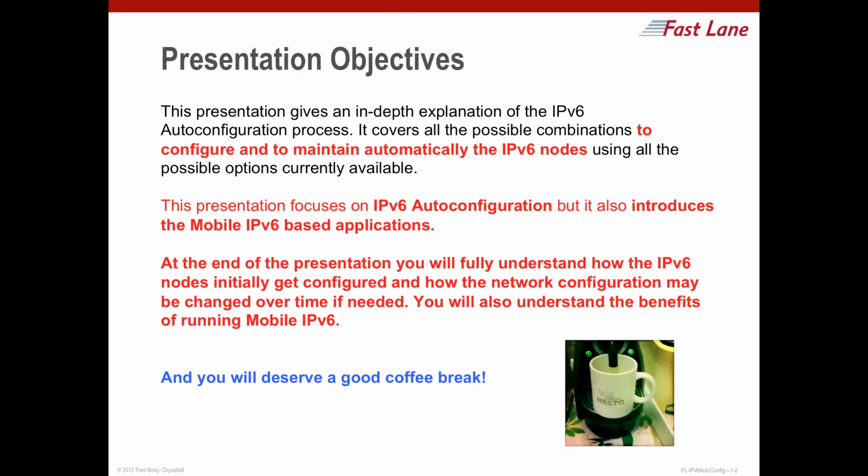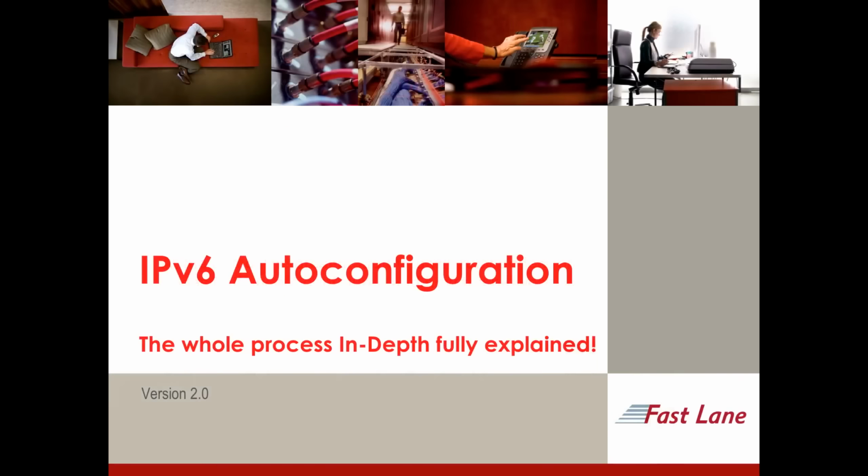We will also have an introduction to how the configuration is managed when the node is moving. So we will see that with mobile IPv6 it is possible to keep the same configuration anywhere you go.